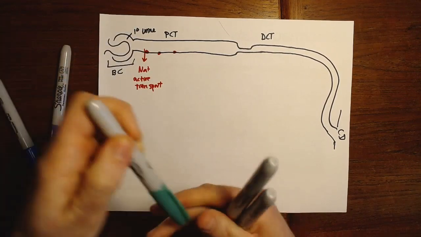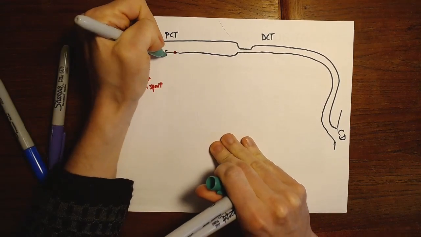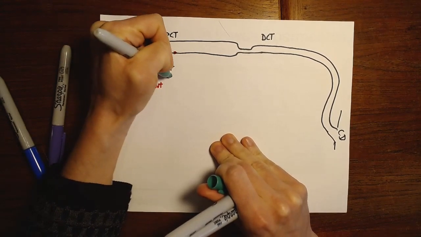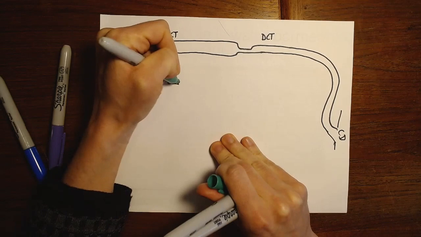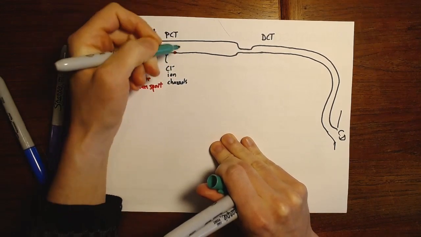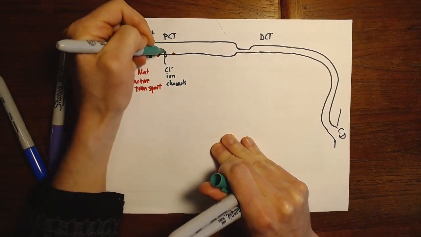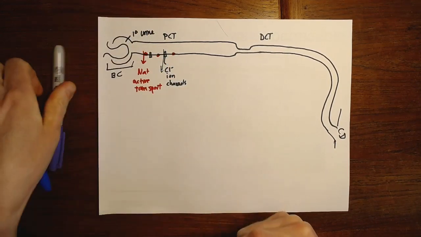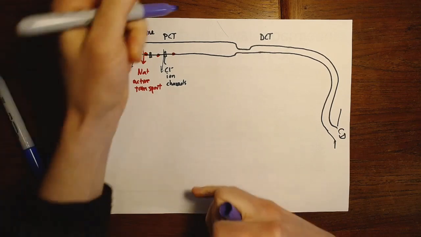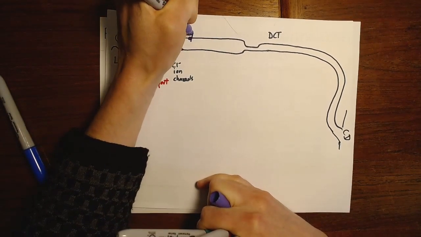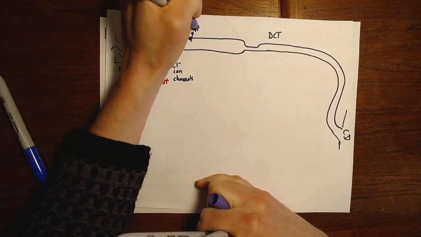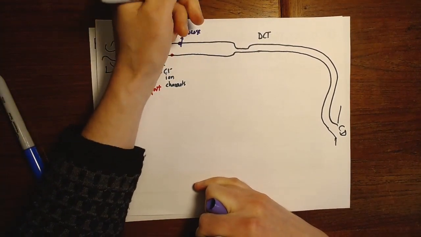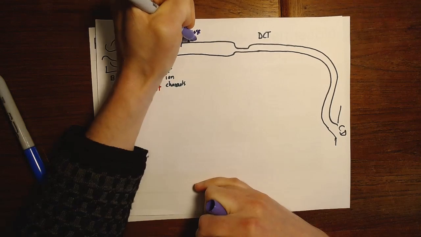And then there are also chloride ion channels. So chloride ions can get reabsorbed passively in association with the movement of sodium. Glucose also gets reabsorbed here, and that happens via a secondary active transport mechanism.